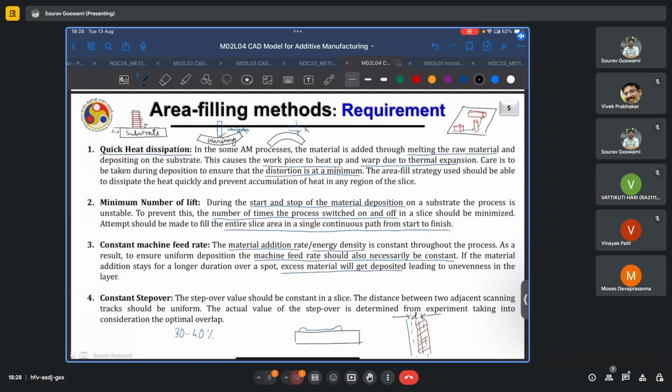And you can quantify overlap, say as some ratio, say it can be D by the thickness of the bead. So nominally your single bead is T thick and your step over distance or center to center distance is D. So you can quantify that D by T, and optimally this will be around say 0.3 to 0.4. Again, it depends on the process, the material and the machine which you're working.